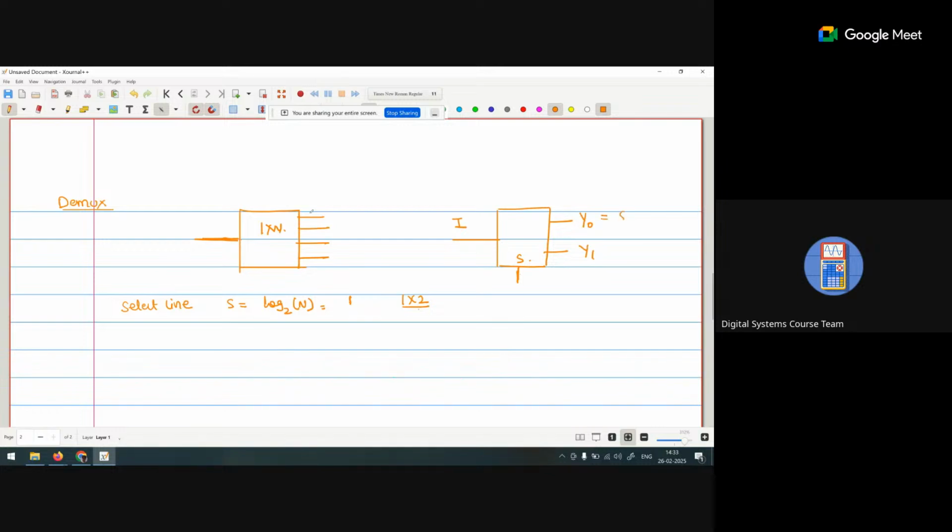If S is 0, the input I will be connected to Y0, so Y0 is equal to I, and if S is equal to 1, Y1 is equal to I. If I draw the truth table with S, Y1, Y0: if S is 0, Y1 is 0 and Y0 is 1. If S is 1, Y1 is 1 and Y0 is 0.